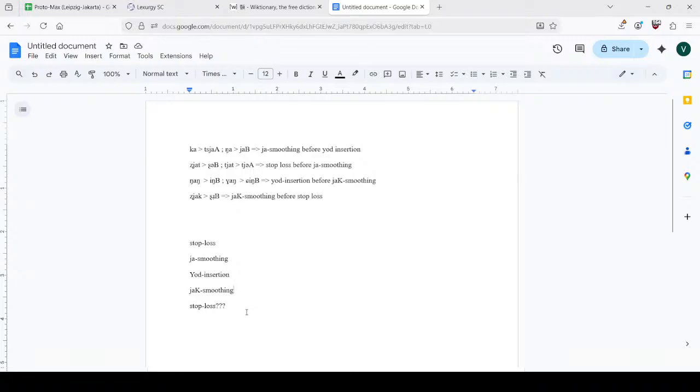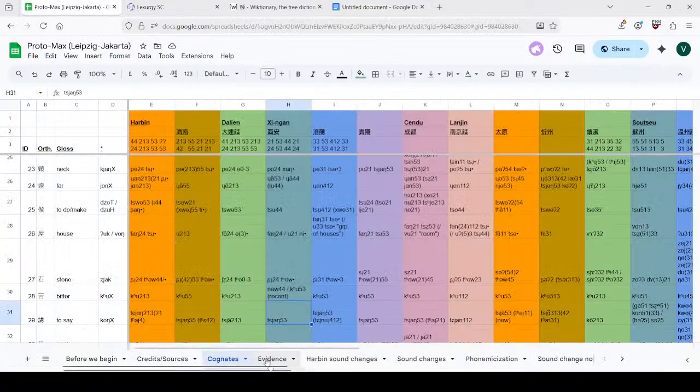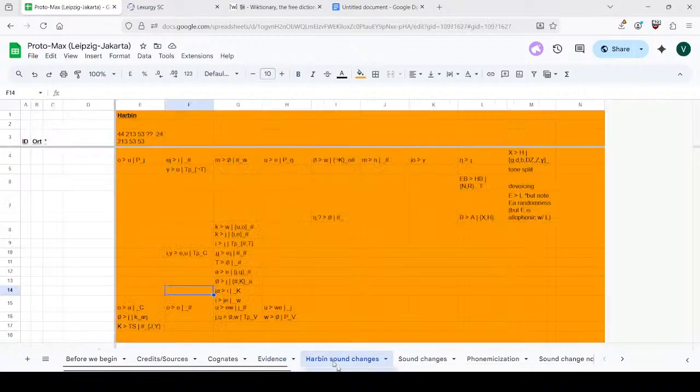So I think what's going on here is because every other stop has been lost before a certain point in time, say. There are specific sound changes that deal with g before u, o, e, and e.